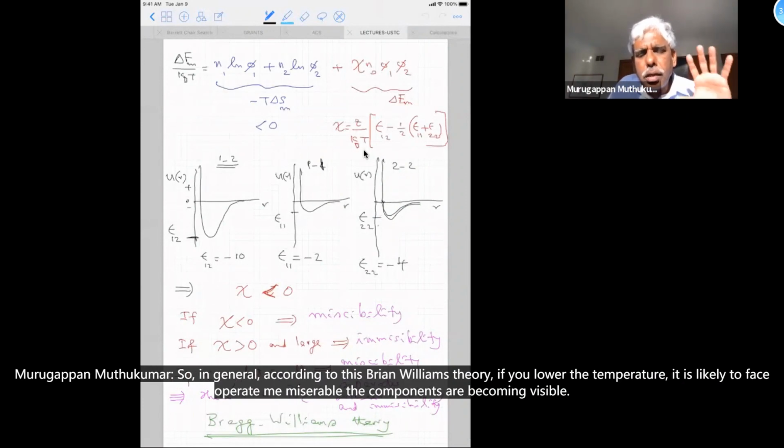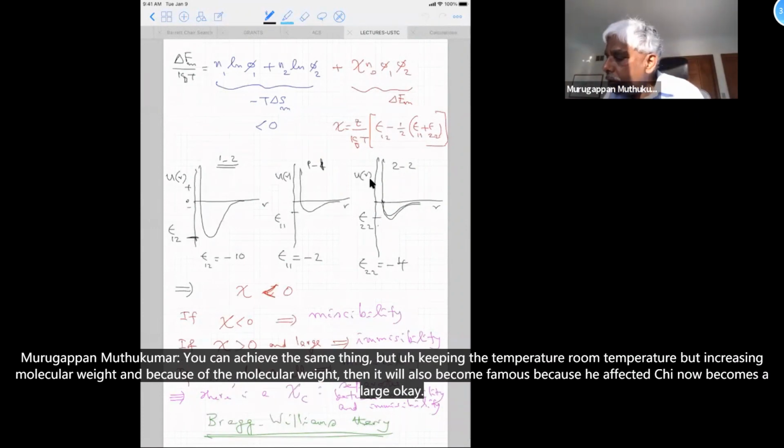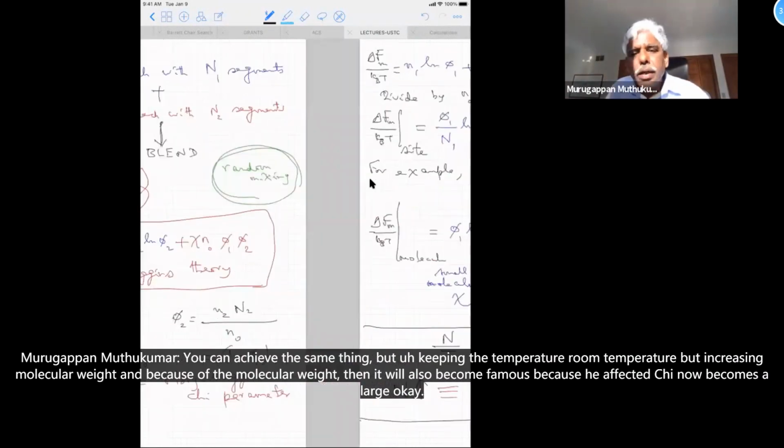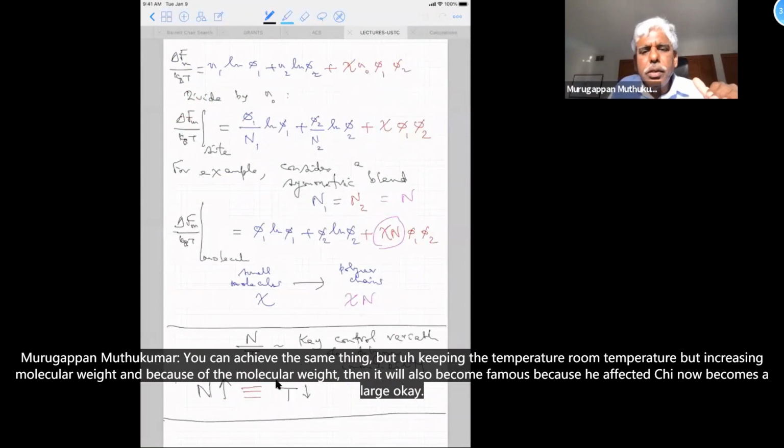So in general, according to this Bragg-Williams theory, if you lower the temperature, the components are likely to phase separate and become immiscible. You can achieve the same thing by keeping the temperature at room temperature but increasing molecular weight. When you increase the molecular weight, it will also become immiscible because the effective chi now becomes large.